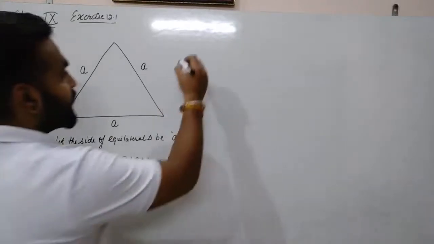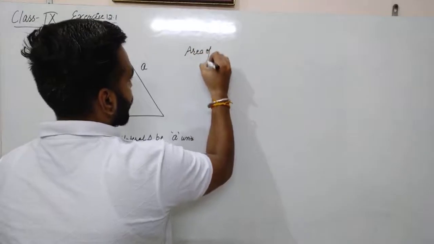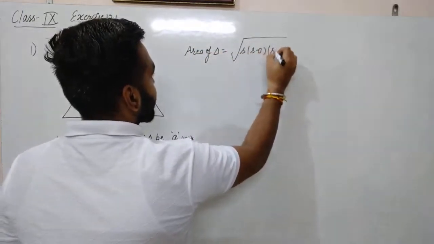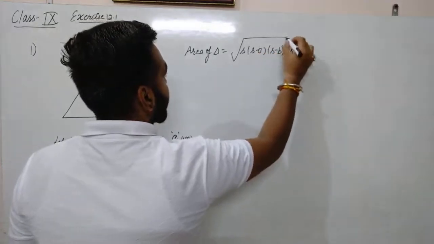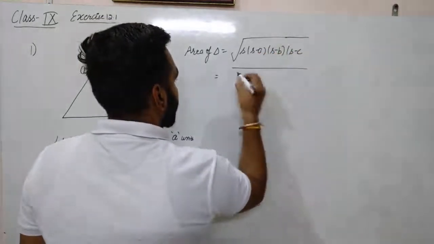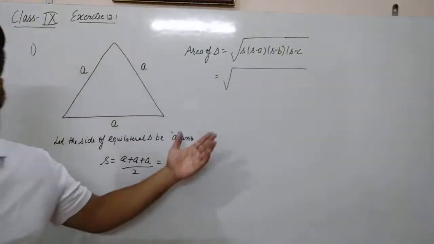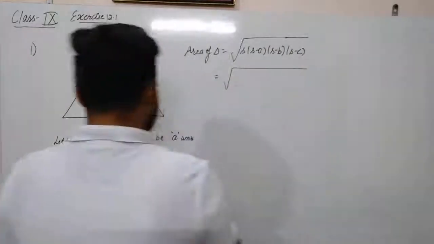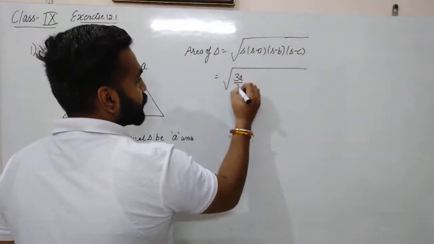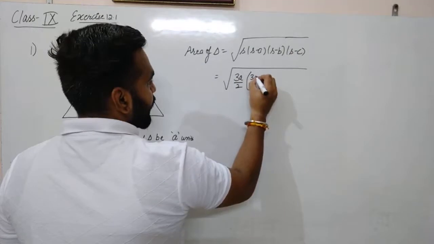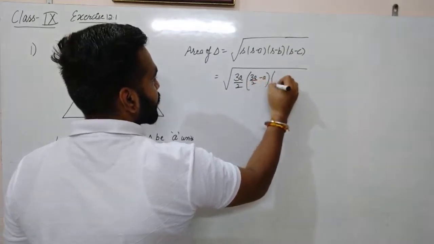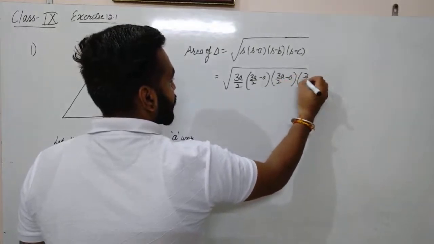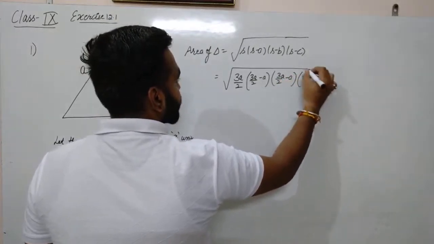Now area of triangle is root s, s minus a, s minus b, s minus c. Clear? But since here all the sides are equal, so all a, b, c will be replaced by a. So s is 3a by 2 into 3a by 2 minus a, 3 by 2 a minus a, and again 3 by 2 a minus a.